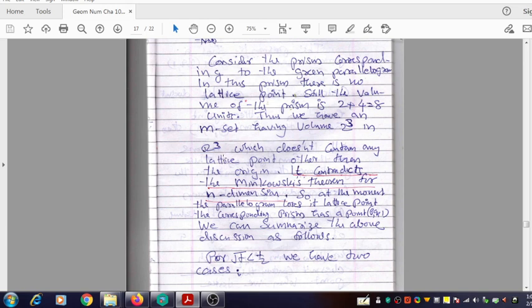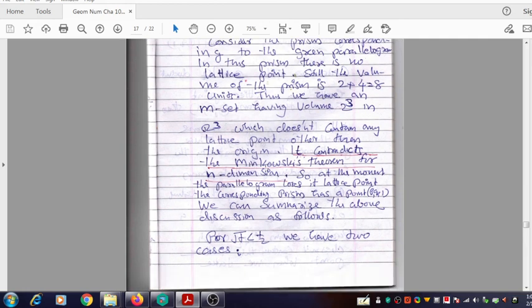Then we get that the prism does not contain any lattice point other than the origin. So that is the situation we have established, and that avoids that lattice point which we initially obtained as existing in the prism, but now we have avoided that. We have created a situation in which that prism avoids that lattice point.